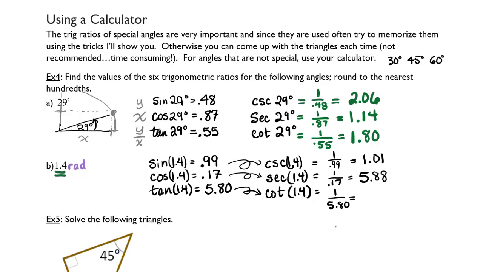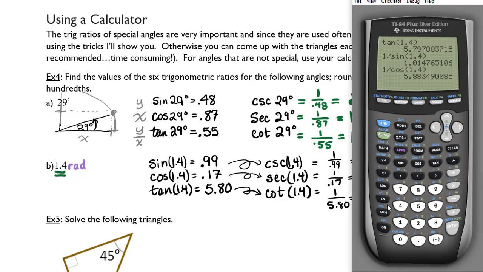And the reciprocal of tangent is cotangent, so I'm going to type this in as 1 divided by tangent of 1.4. So that is equivalent to 0.17.